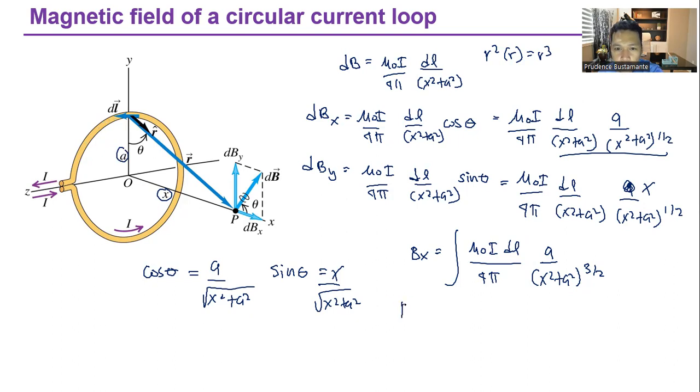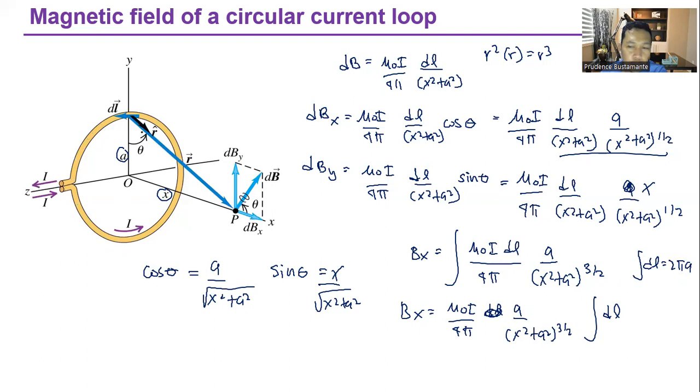So Bx is equal to mu naught I over 4 pi times a over (x squared plus a squared) to the 3 halves times the integral of dL. The integral of dL is just equal to 2 pi a, 2 pi times the radius a.